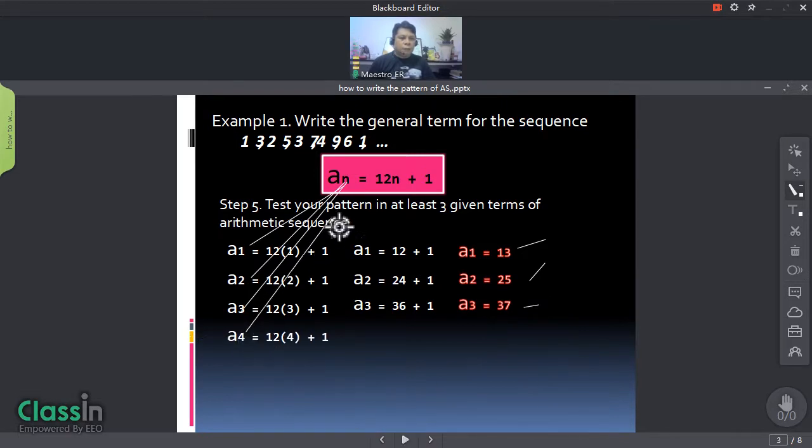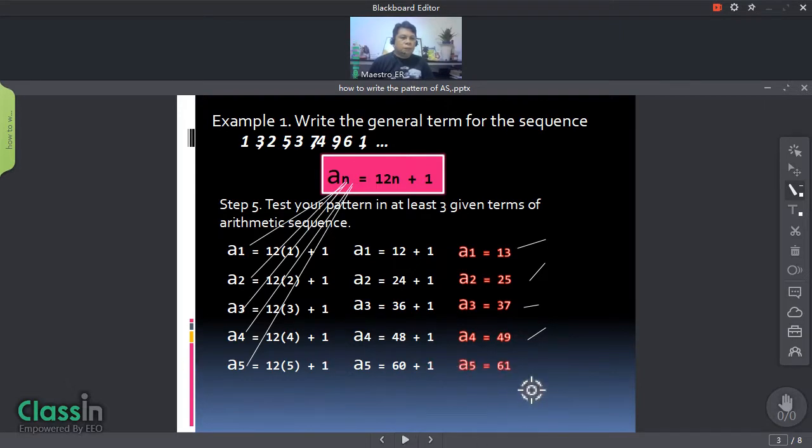Your n now is 4. So 12 times 4 plus 1 equals to 48 plus 1, which is equals to 49. So check for a sub 4. Then a sub 5 equals to 12 times 5. Your n now is 5. So 12 times 5 is equal to 60 plus 1 is 61.